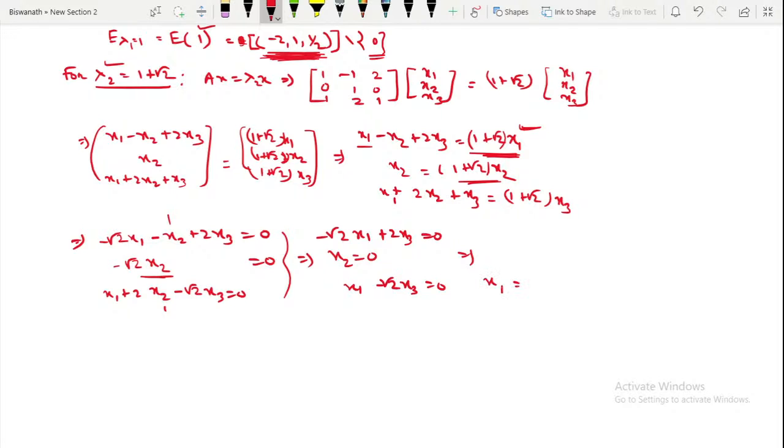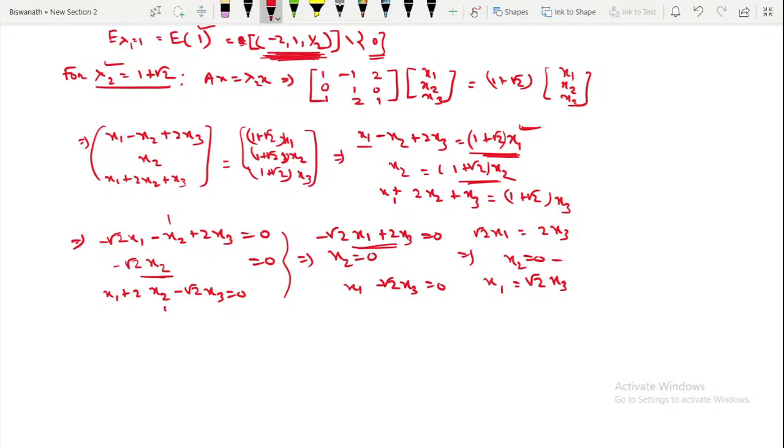Here x1 is root 2 times x3, and here root 2 x1 is equal to 2x3.